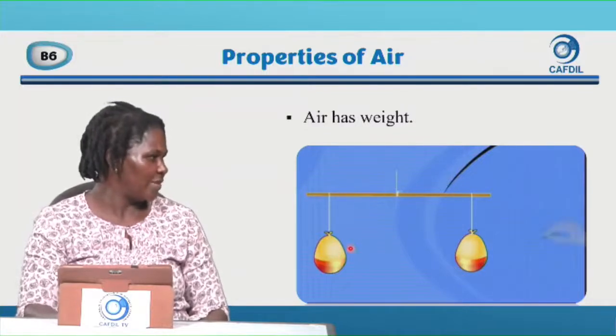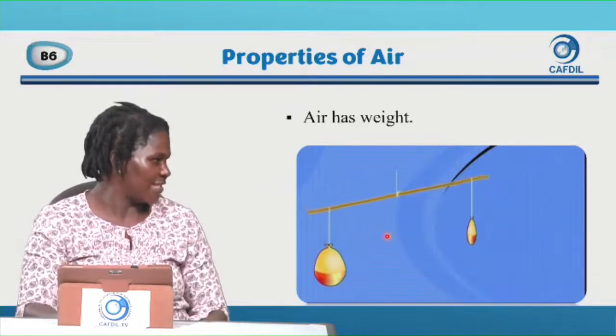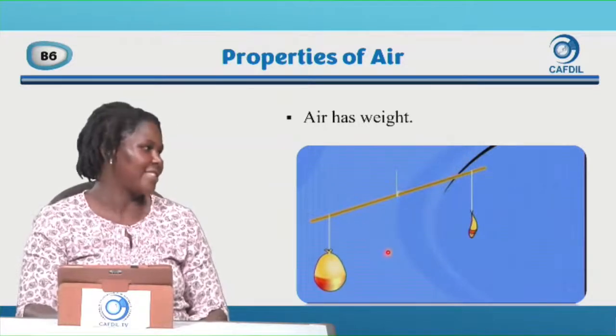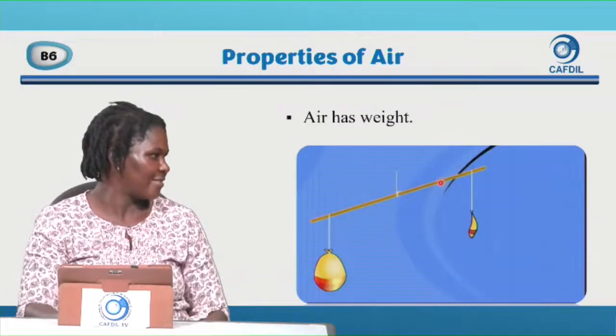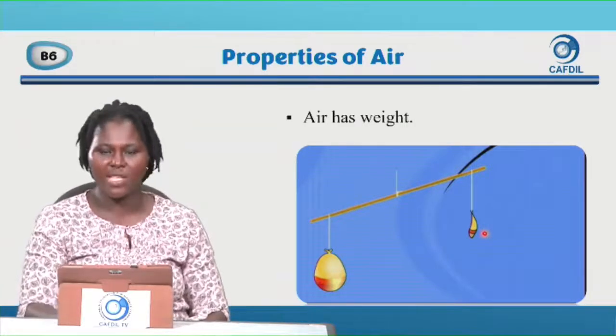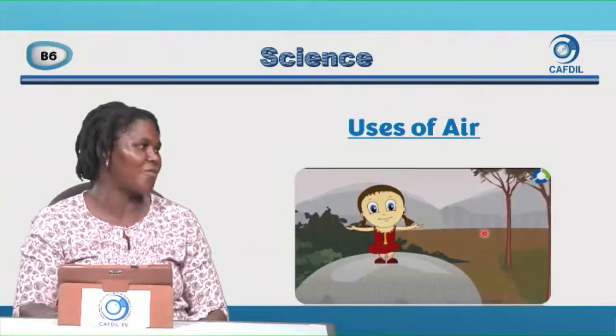The balloon, the air in it is equal. So let's look at it. Yes. This shows that this one is heavier than this. This one is heavier than this. Good. So air has weight. So these are the properties of air.